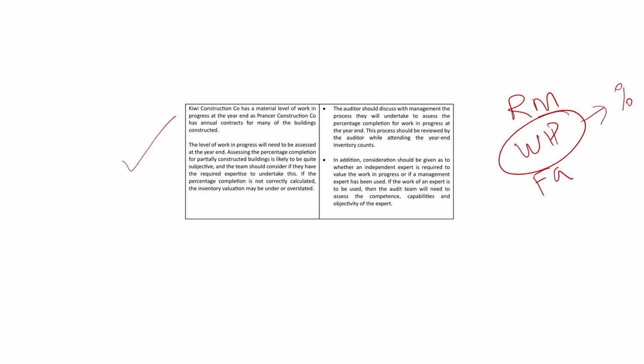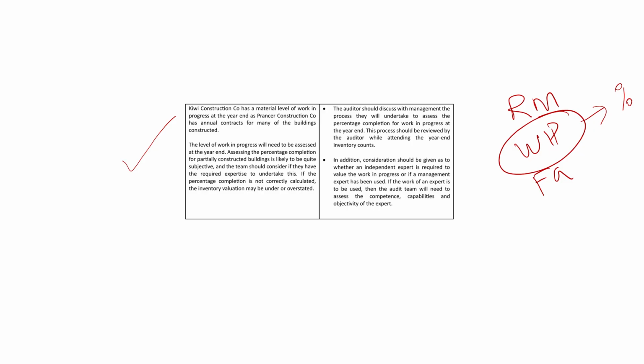In the next example, they have a material level of work in progress at the year end because they have annual contracts for many of the buildings that they're constructing. Now, if you remember, we have 3 types of inventory: raw material, work in progress, and finished goods. This is particularly problematic because we have concerns regarding the percentage completion.